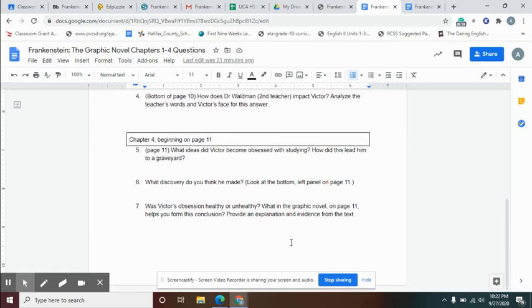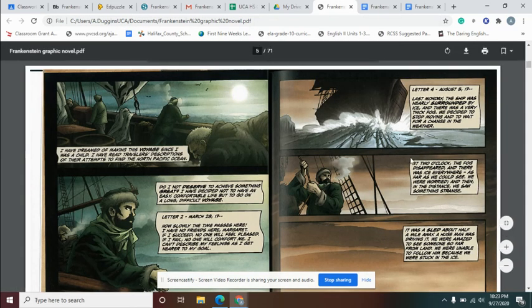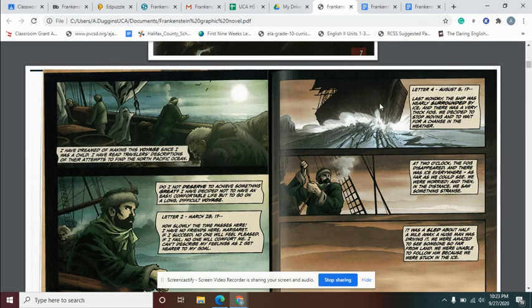Some of them ask you to provide evidence and explanation from the text. That's saying, please go into the text and find where you got that idea. Give me an explanation of where in the graphic novel you found that. So, what was said, what did the picture have in it that really made you come to that conclusion. So, let me know if you have any questions, and good luck.